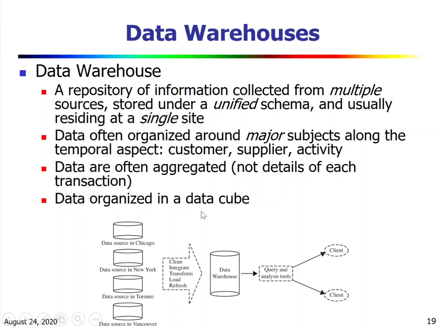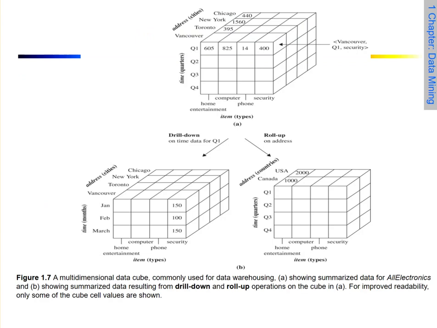The data is organized into a data cube. So there are different numbers of data cubes. One example is shown here. So here, the top one, you can see this as one data cube. This data cube has multiple dimensions. It has time dimension, item type dimension, and address dimension.